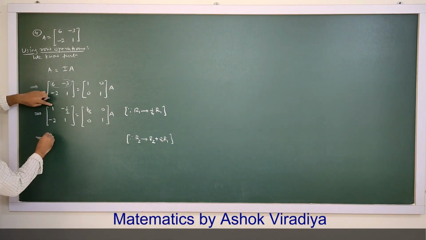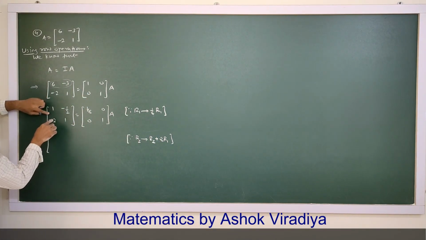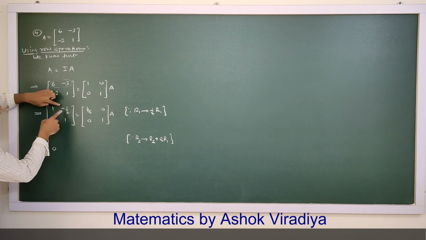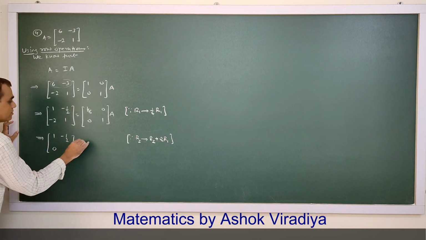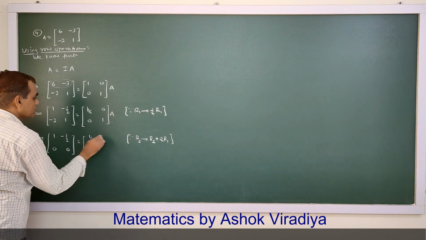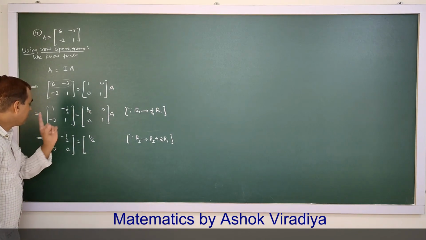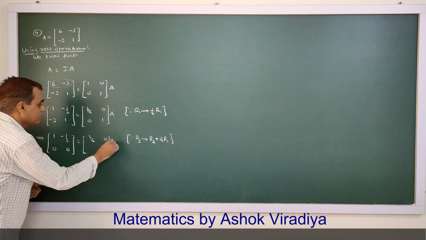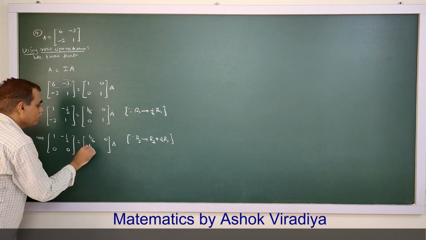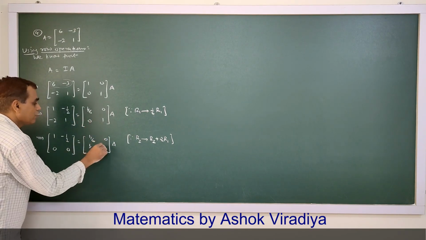So multiplying this by 2, 2 into 1 is 2, add here, so 0. 2 into minus 1, that is minus 1, add here, 0. Same thing here. Multiplying this by 2, add here. So this will be 1 by 3, add here, 2 by 3.